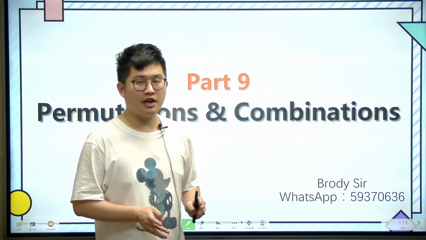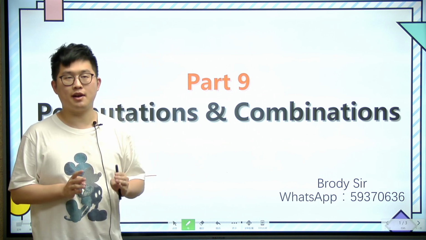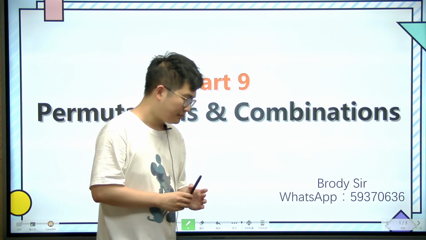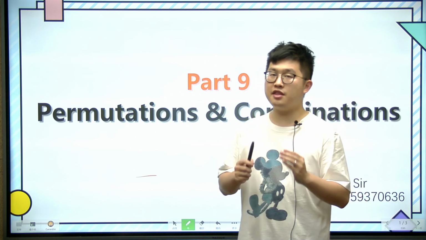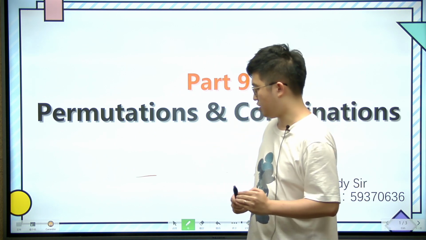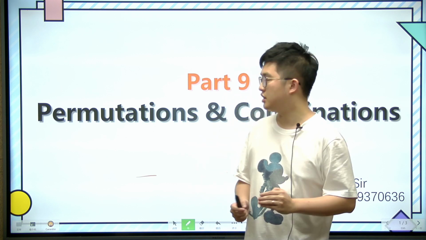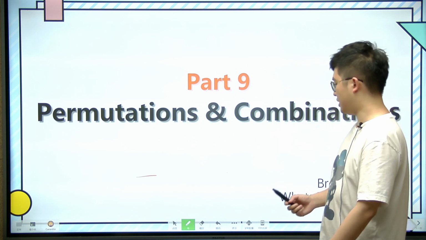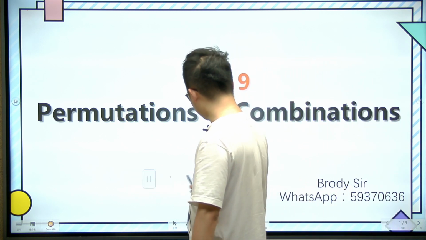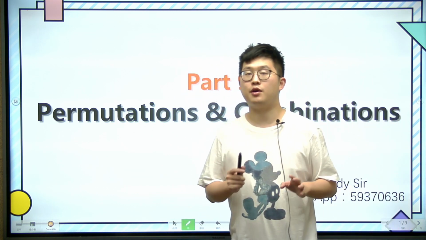Permutation and combination are quite similar, but what makes the difference is whether the order matters. If the order matters, then it's permutation, and if it doesn't, then it's combination. Let's see some very simple examples.